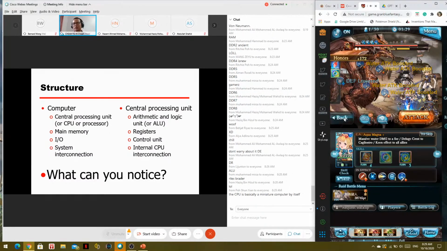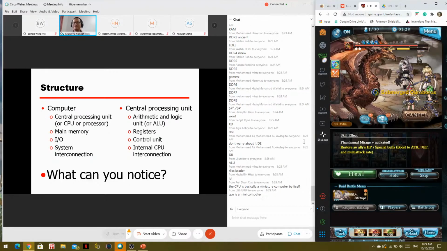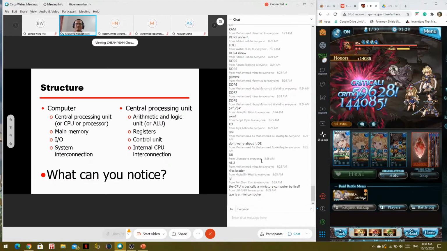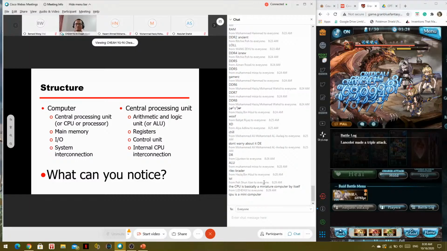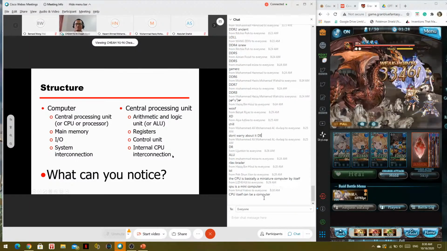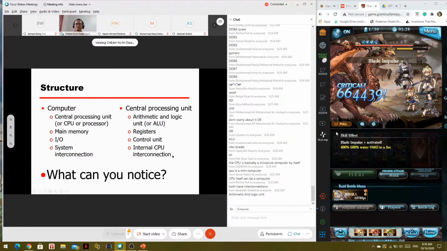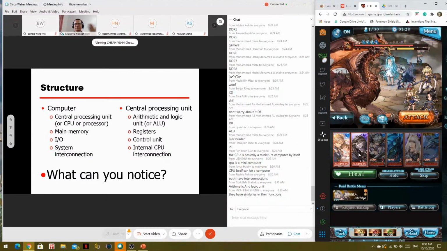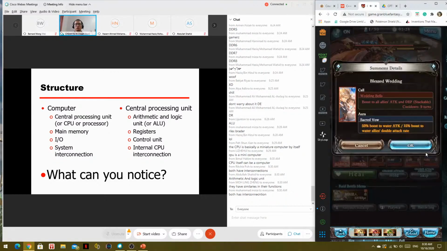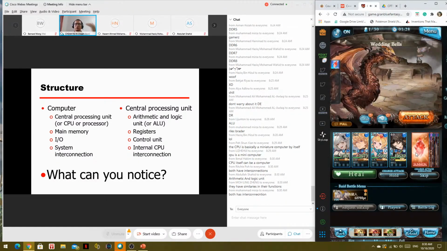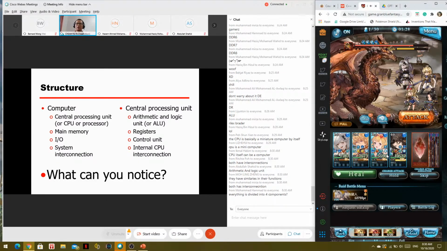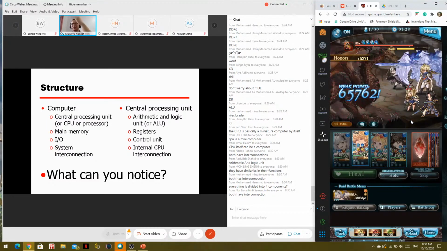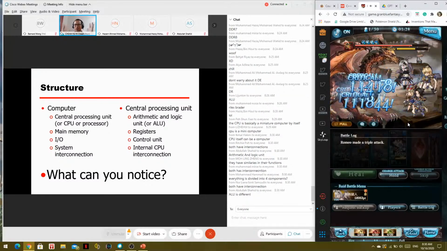Maybe you can share in the chat box. Are there any similarities, or are they very different, or what do you notice? You know, the computer's four components and the CPU's four components. What can you notice?